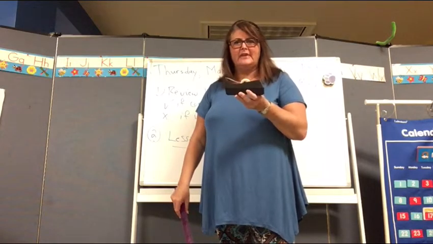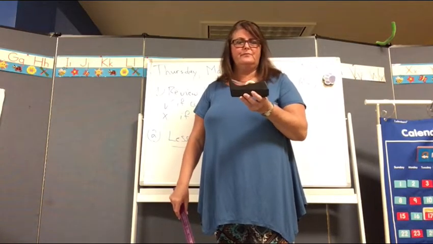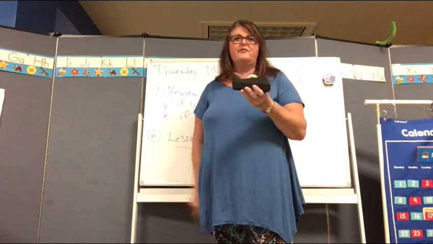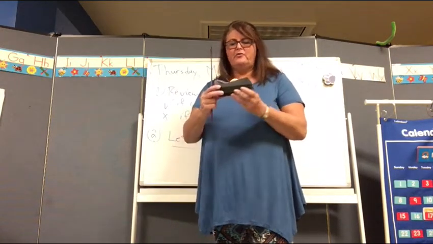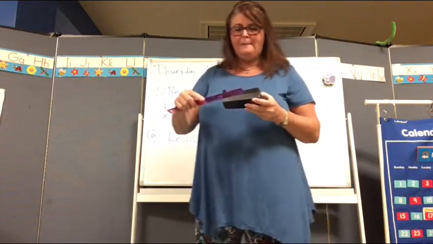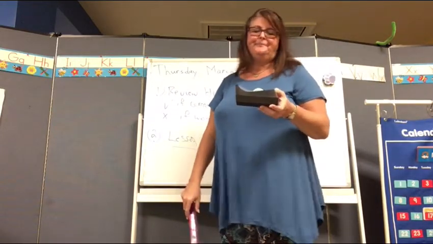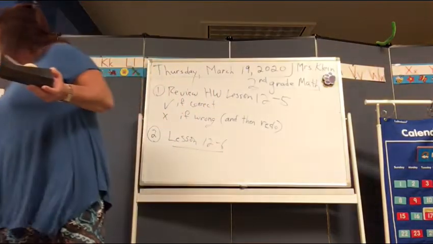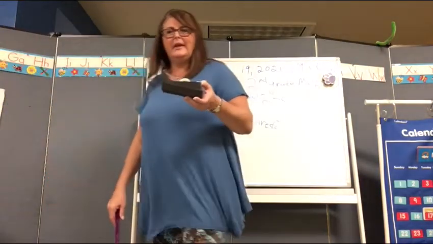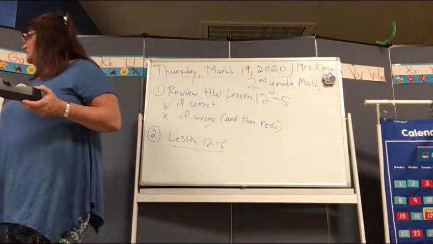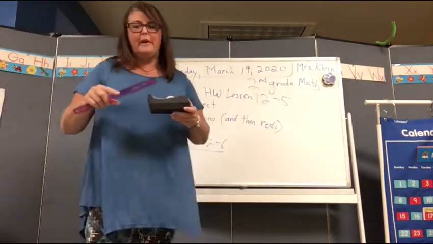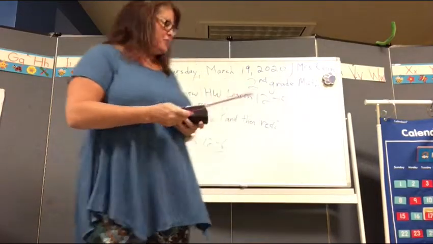I'm not going to say that this tape dispenser is 3 yards long, because we know that's not a reasonable guess. So a reasonable guess would be, I'm going to say about 12 centimeters, and I'm going to write that in my estimate, and then I'm going to measure for the exact measurement.